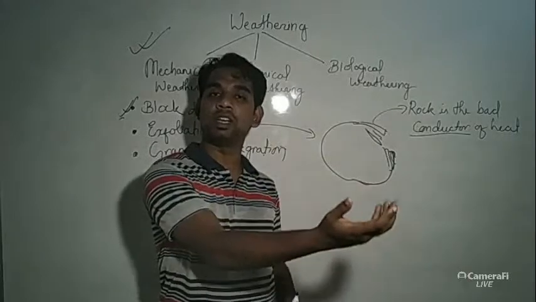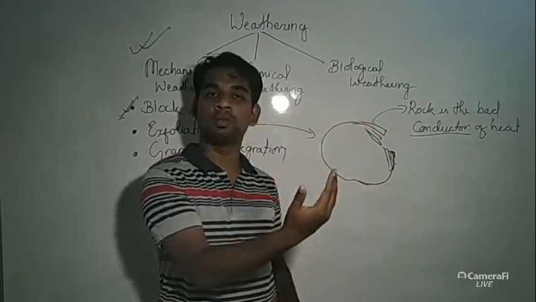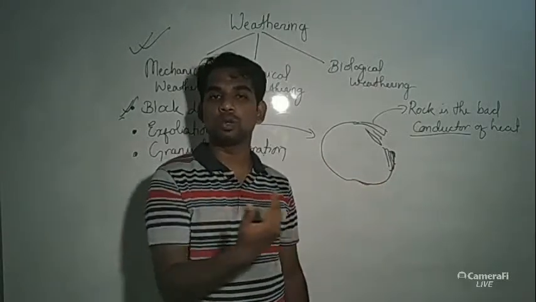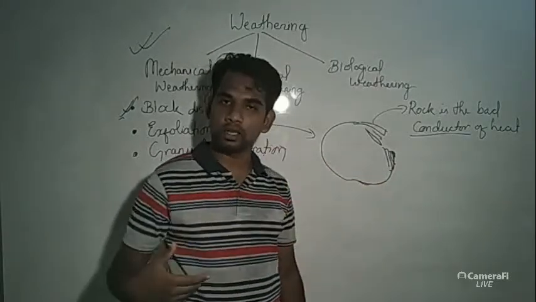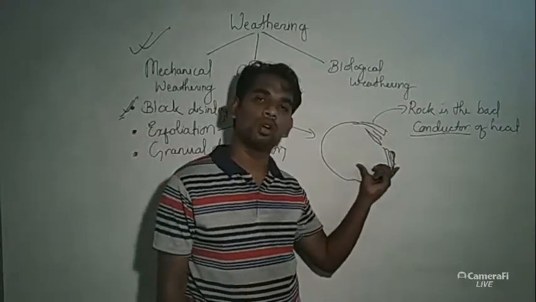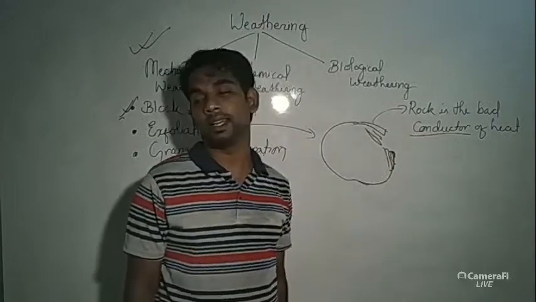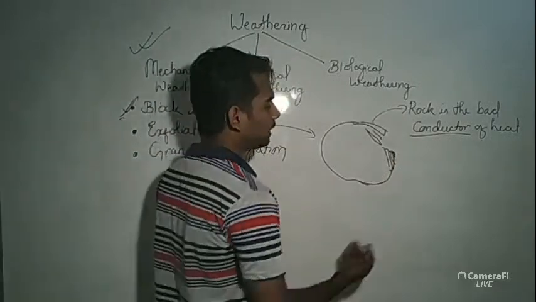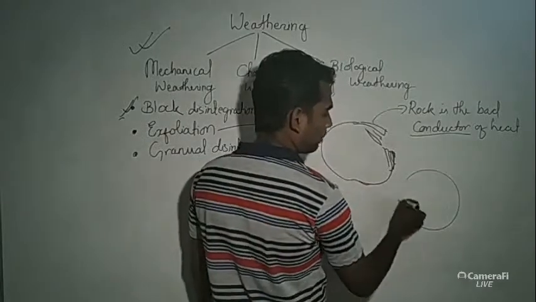Because the portion of the wood that is burning from one side does not transport the heat to the rest of the part. Yes or no? Exactly. In the case of rock also, rock is a bad conductor of heat. As it is a bad conductor of heat, I am giving an example over here.